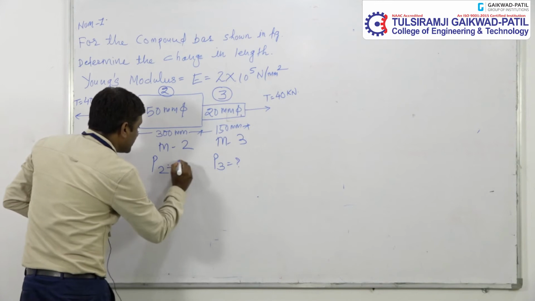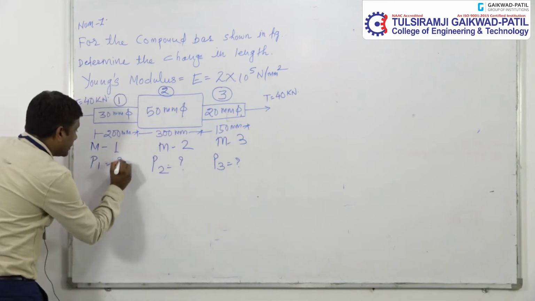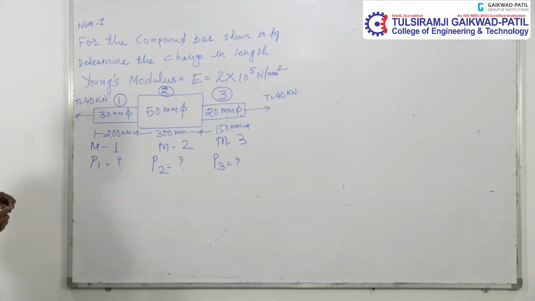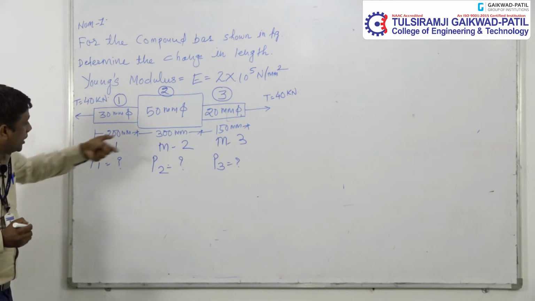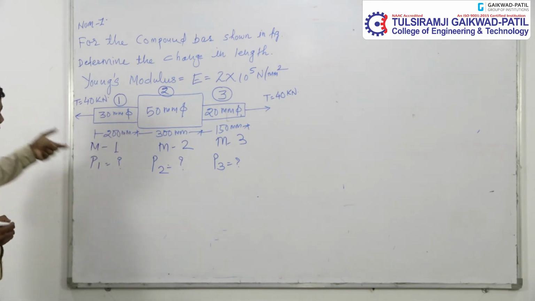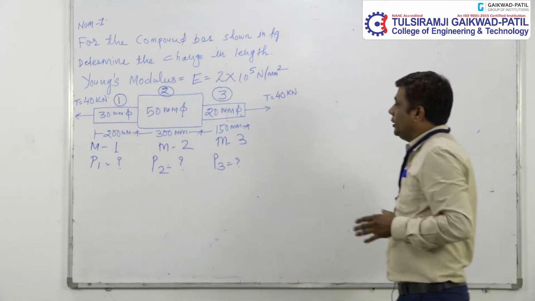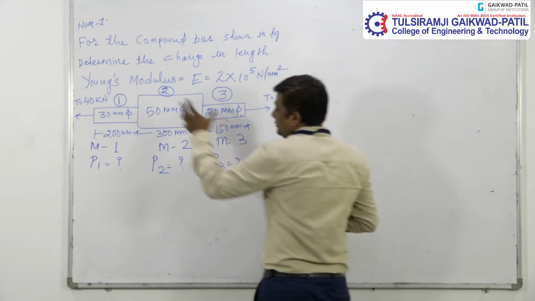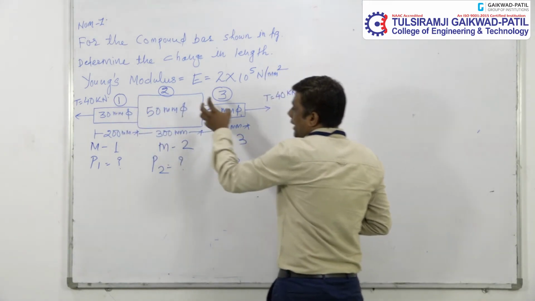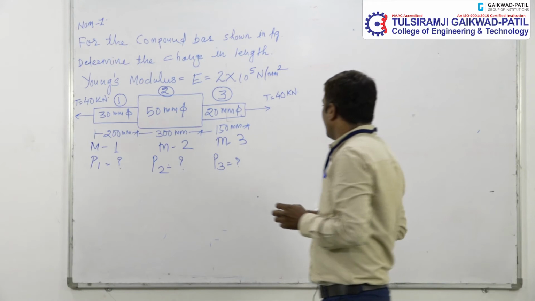So before going forward, we have to calculate these values separately, P1, P2 and P3. Then how are we going to calculate these values? Before this calculation, you have to draw the separate free body diagrams of this given compound bar.